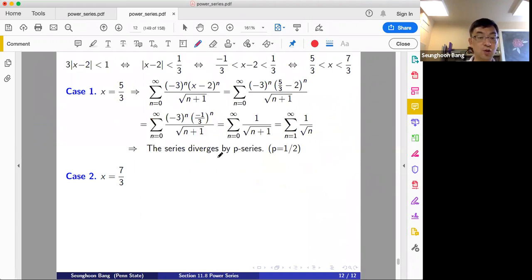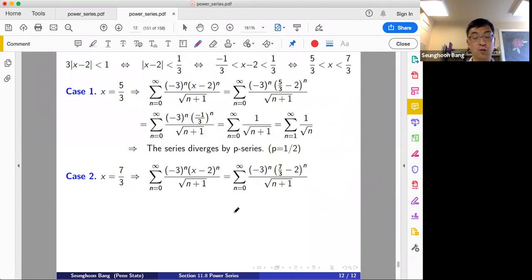Now 7 over 3. You plug 7 over 3 into this equation. So we have 7/3 minus 2, which is only positive 1/3. Next, combine: the summation n equals 0 to infinity of negative 3 times 1/3 to the power n over the square root of n plus 1.